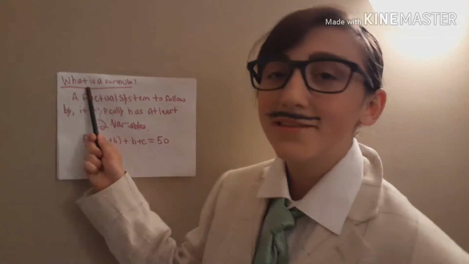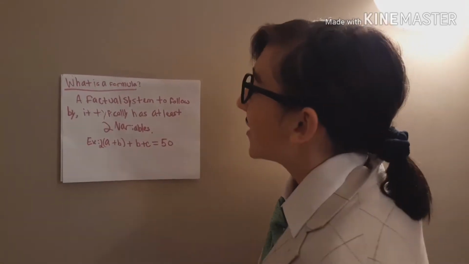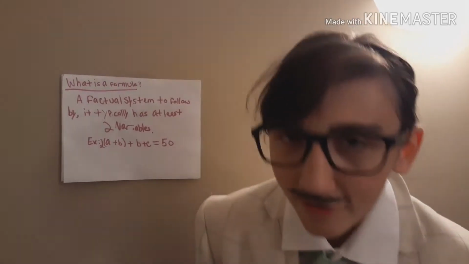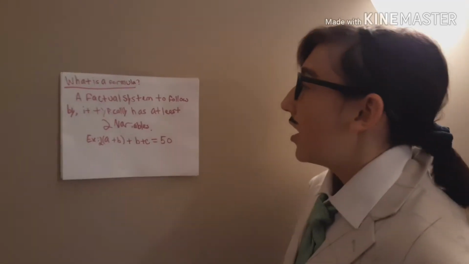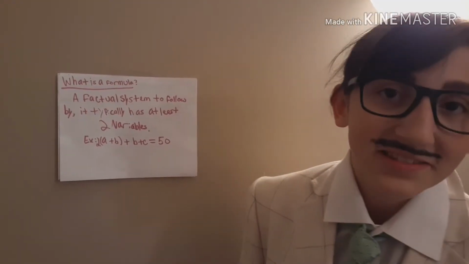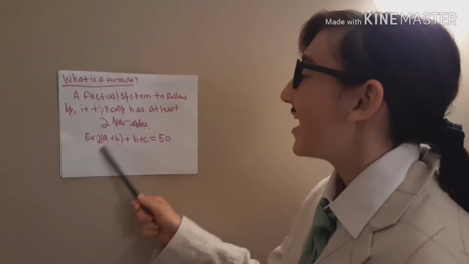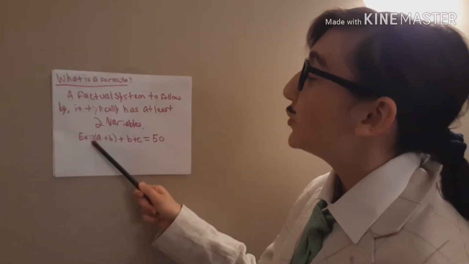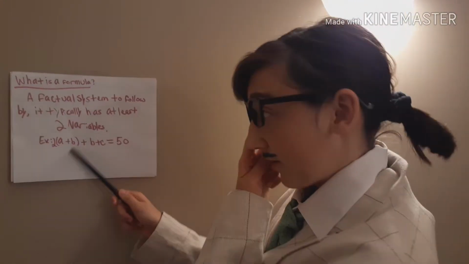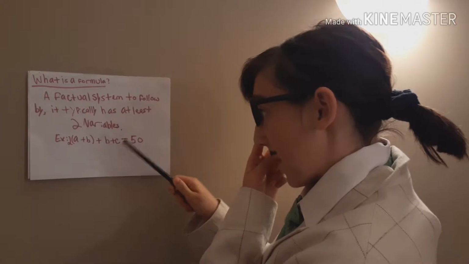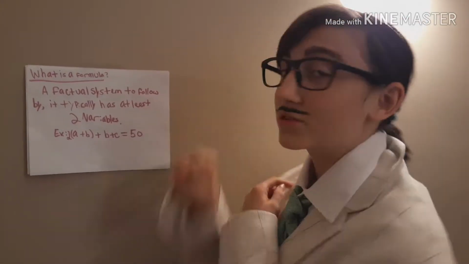Okay, what is a formula? Next one, a factual system to follow, and it typically has at least 2 variables. Basically, it's a rule, essentially, for different equations. So, for example, this one, 2 multiplied by the sum of 8 plus b, plus b plus c equals 50.